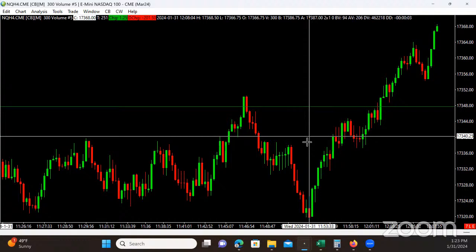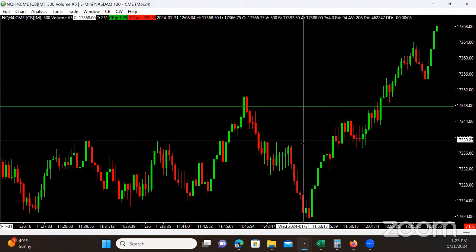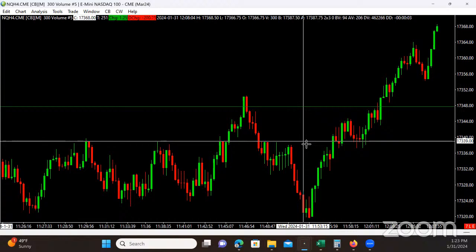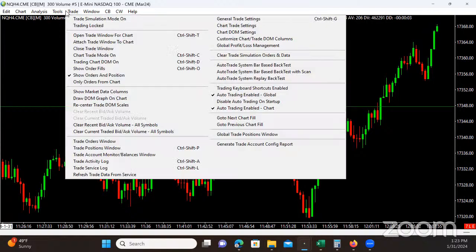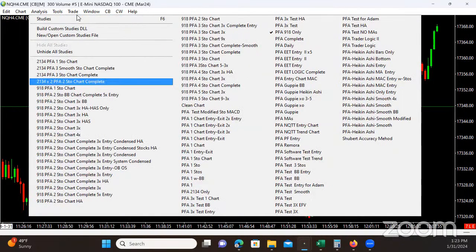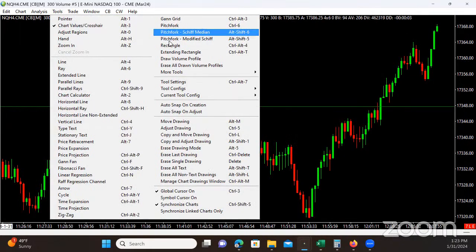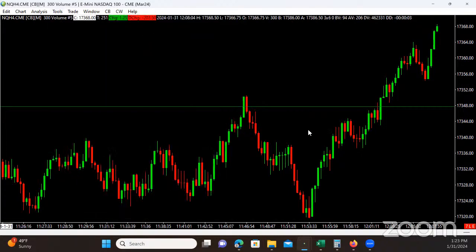So we know for a fact, again, that this area, and I'll draw it for you, we know for a fact that this area here is a support area. We know that for a fact, right?